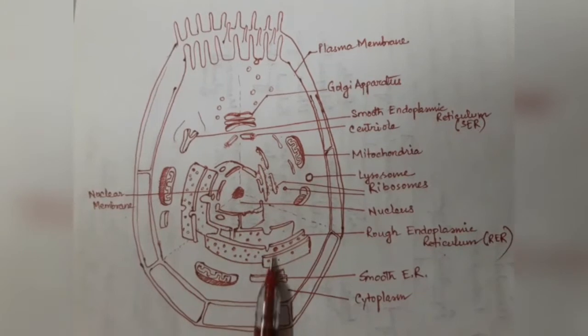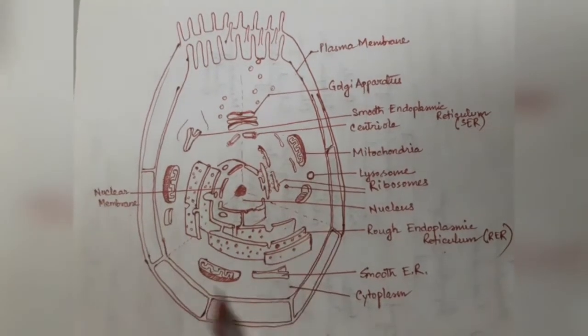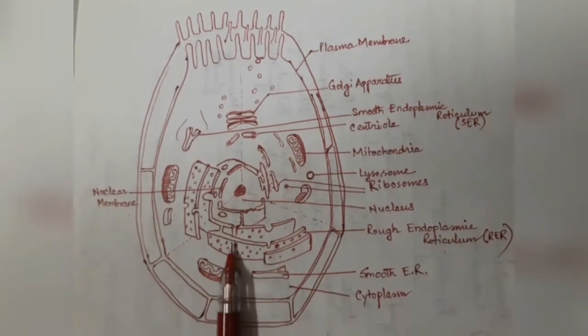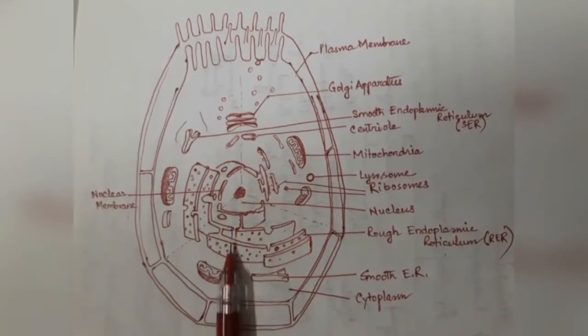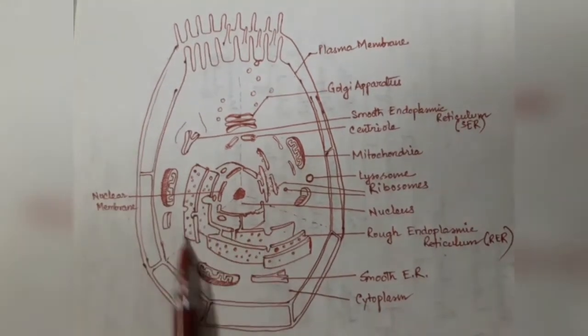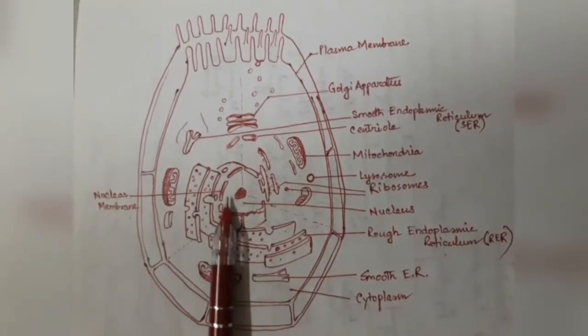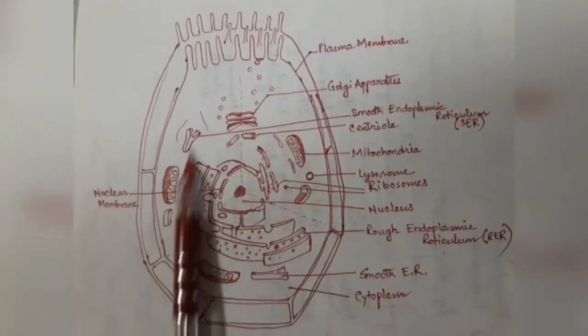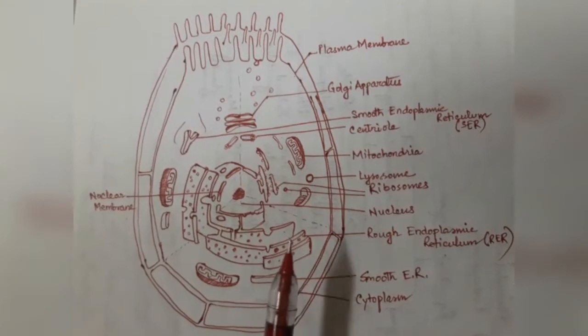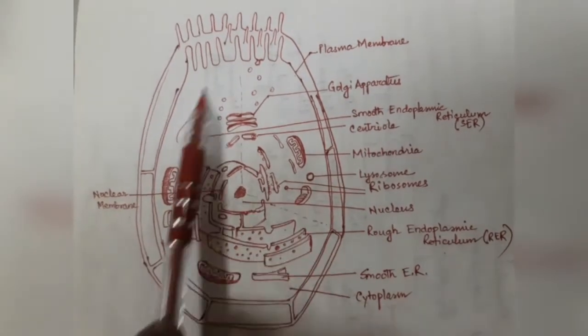And if we are talking about a generalized animal cell, that is spread throughout. But if we're talking about a plant cell, then we know that there is a large vacuole which is present, and that makes the cytoplasm in a plant cell peripheral.